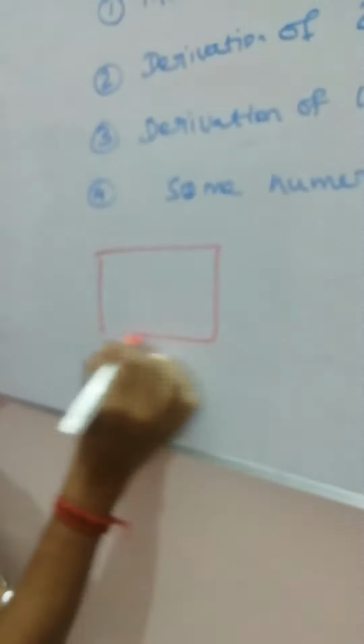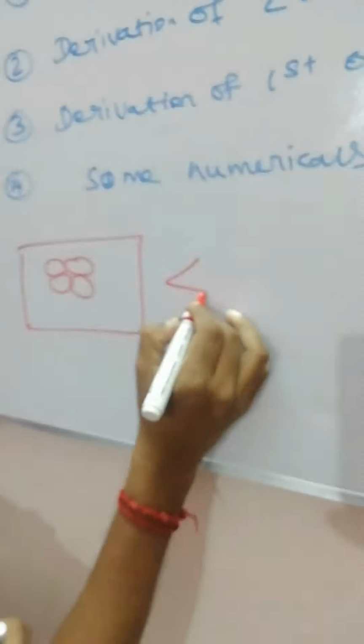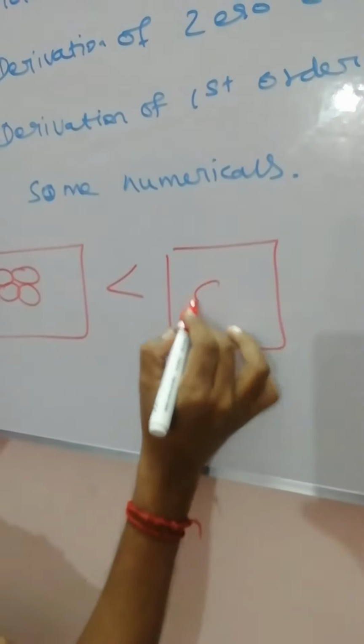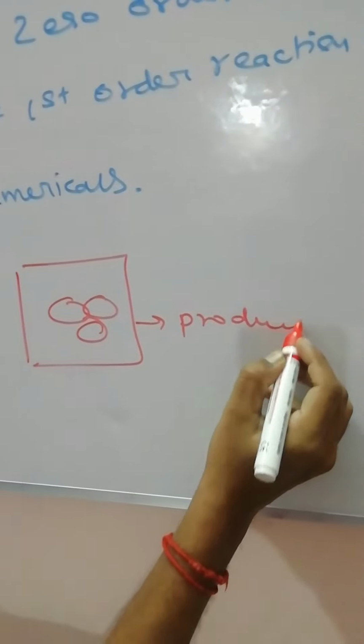One molecule, two molecules, three molecules can give product by proper collision in a single step, which is called an elementary reaction. More than three molecules colliding is difficult. More than four molecule collision is less likely than three molecule collision. These molecules easily give product, and this will be difficult.